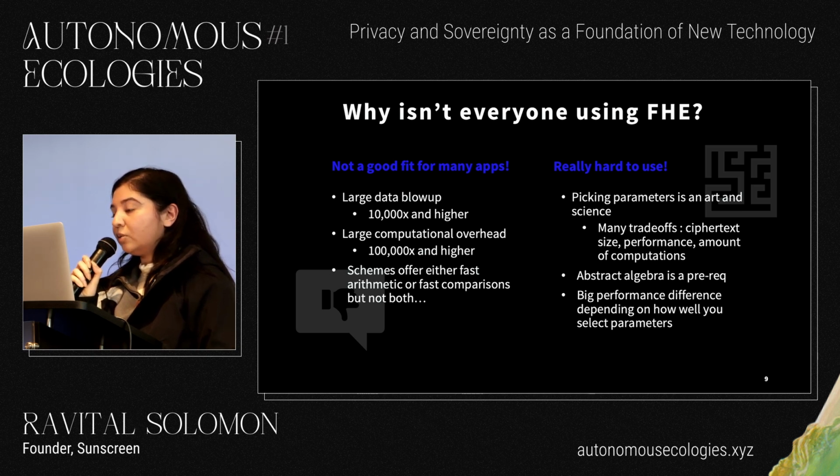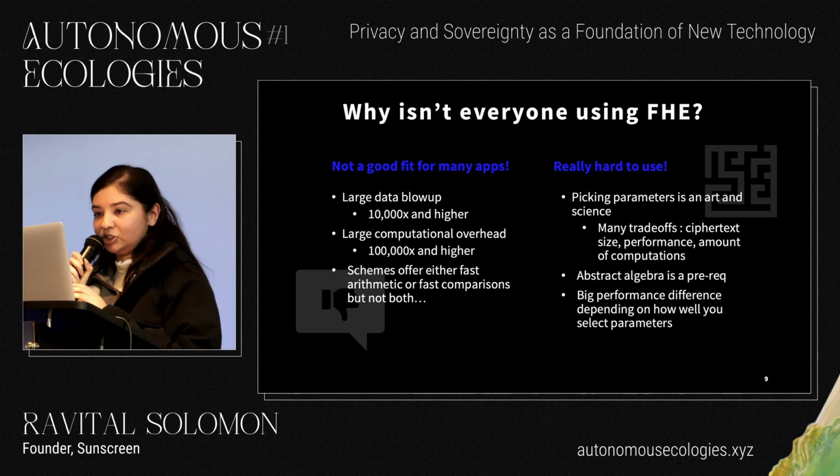You have to think about what sorts of computations you want to do. And you have to also think about performance. In terms of setting up the parameters themselves, you need quite a bit of background in math. You need to know abstract algebra to effectively set the parameters. And finally, there is a big performance difference depending on how well you select parameters, which makes FHE very challenging.